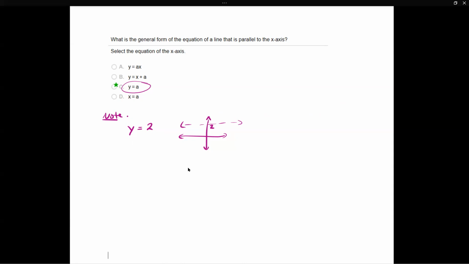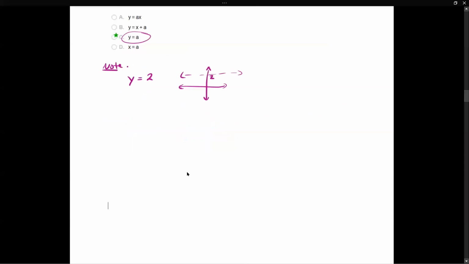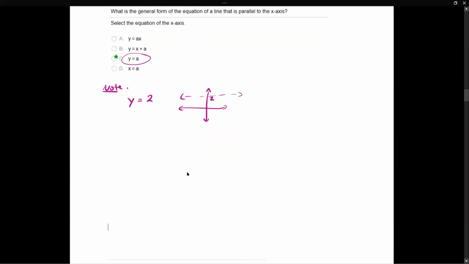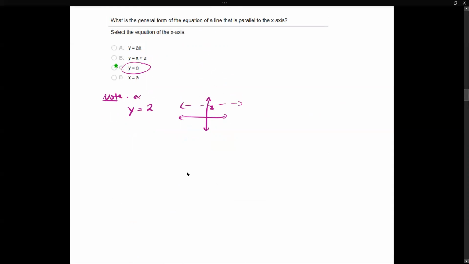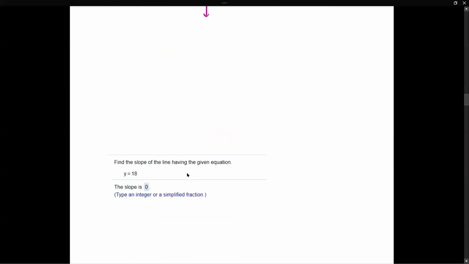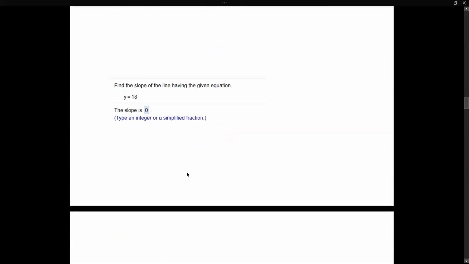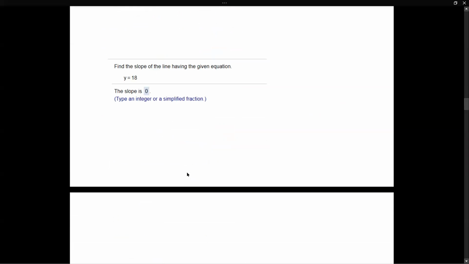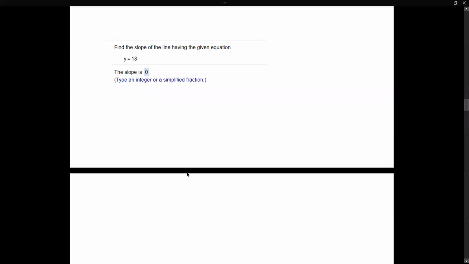Then it's going to be another line that is parallel to it and not the same as the x-axis, right? So this one is just an example, just to show. So a can be any number there, positive or negative. Find the slope of the line that is having the equation. So here we reinforce the understanding.